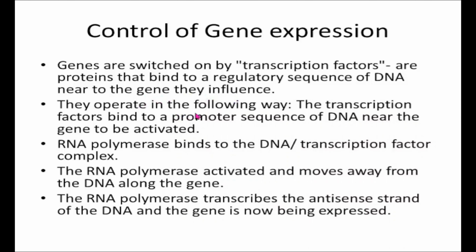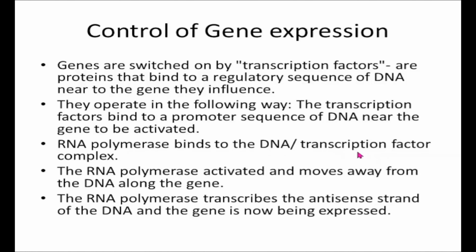They operate in the following way. The transcription factors, which are proteins, bind to a promoter sequence of DNA near the gene to be activated. We call such a site the promoter region or promoter sequence. Then RNA polymerase, the DNA-dependent enzyme, binds to the DNA.